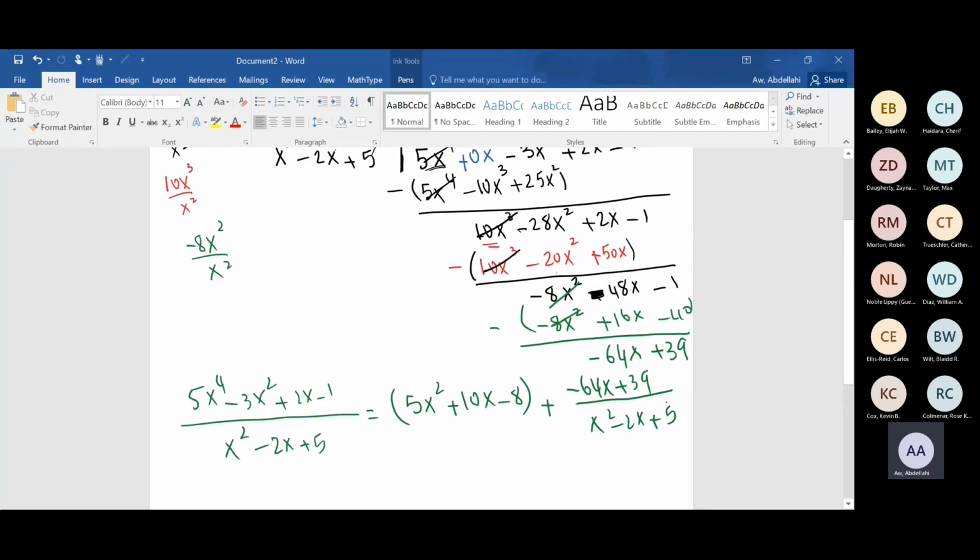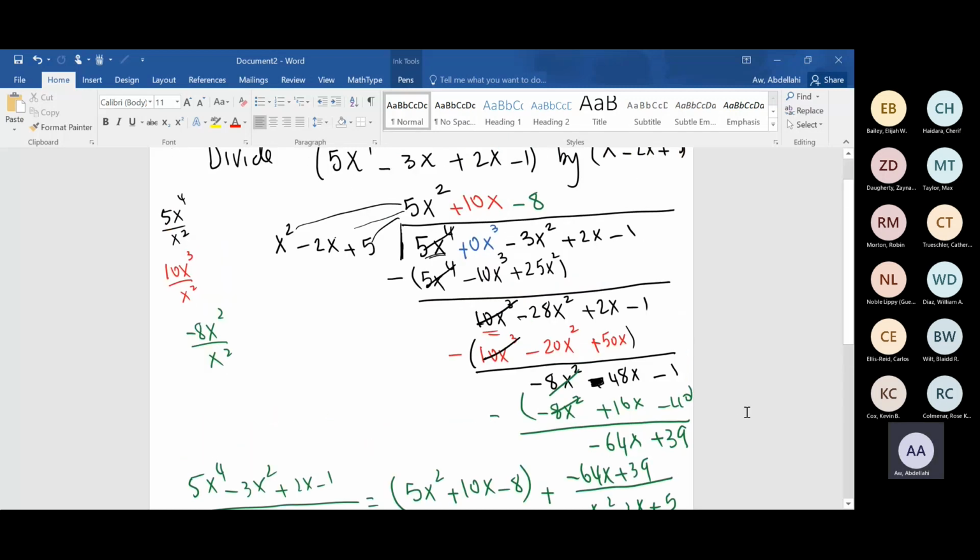Okay, so long division can be friendly, and sometimes it can be a real headache, right? Imagine if this number was 6 right here. Can you imagine how much headache you're going to have? A lot of fractions, right?